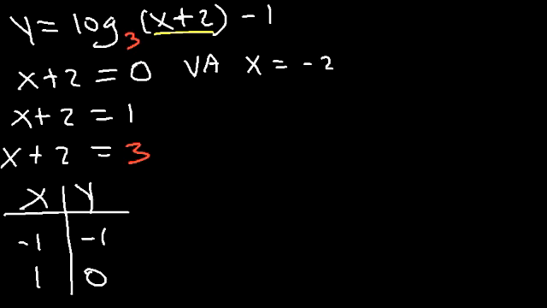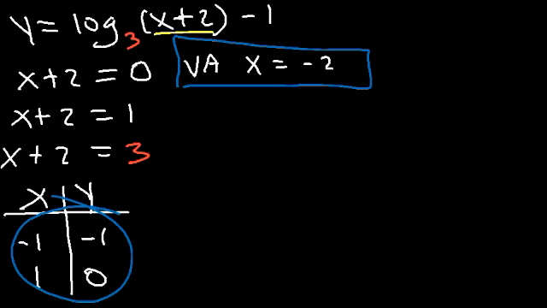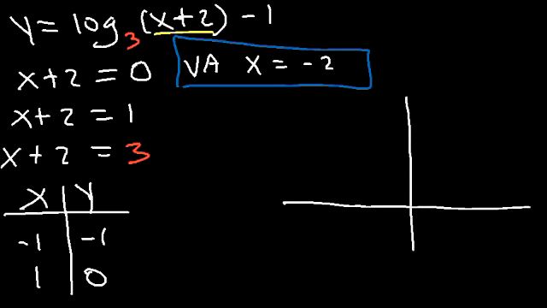So all you need really to draw a nice sketch is the vertical asymptote and 2 points. If you have that, it's always going to work out. So now let's plot the vertical asymptote, which is at -2.